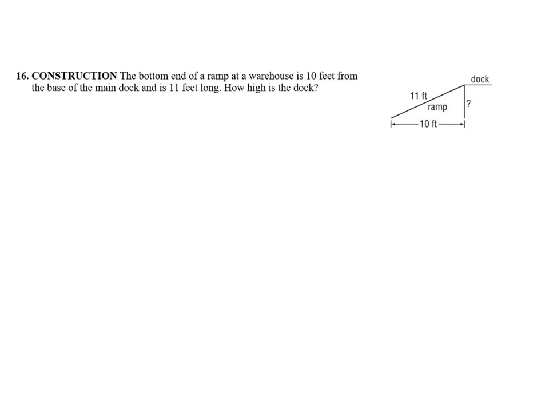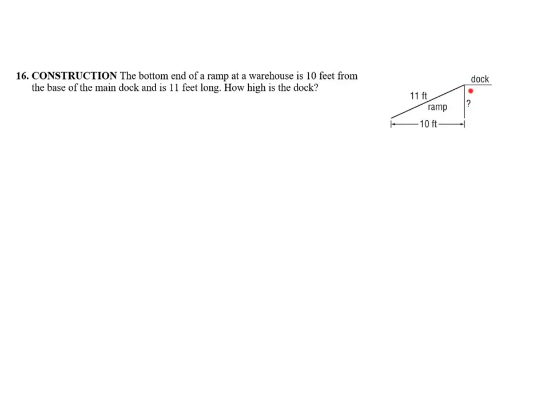Okay, and this last question of our practice, it says the bottom end of a ramp is 10 feet from the base of the main dock, and it's 11 feet long. How high is the dock? And we were fortunate enough to have a picture provided. So we can see that it's 10 feet from the dock, it's 11 feet long.